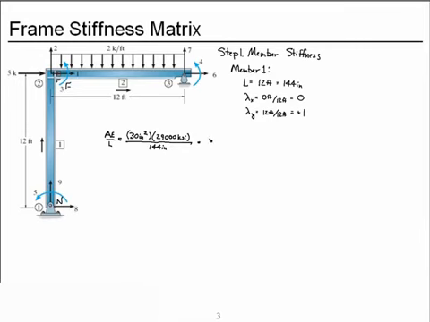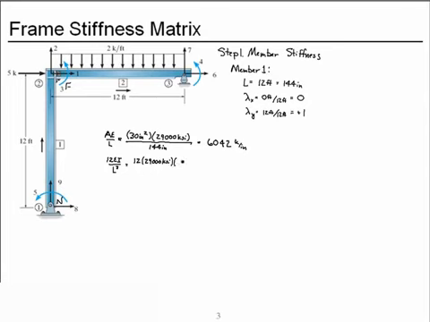So together, that gives 6042 kips per inch. 12 EI over L cubed is 12 times 29,000 ksi.